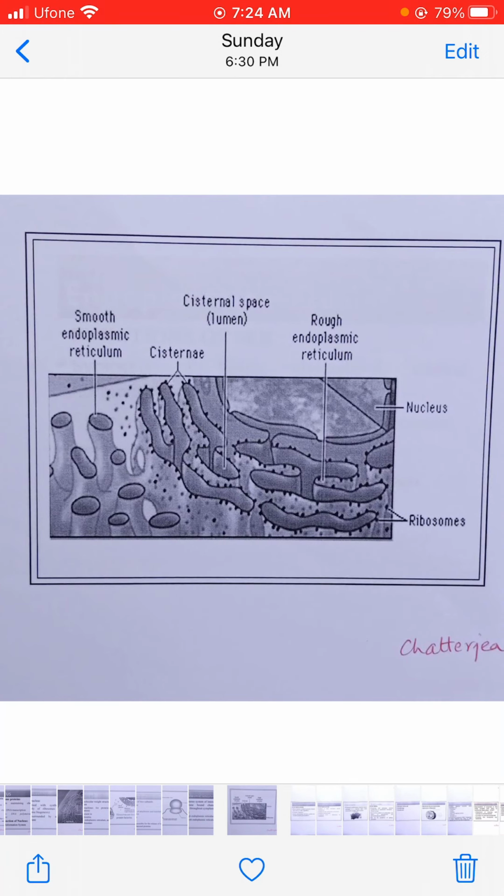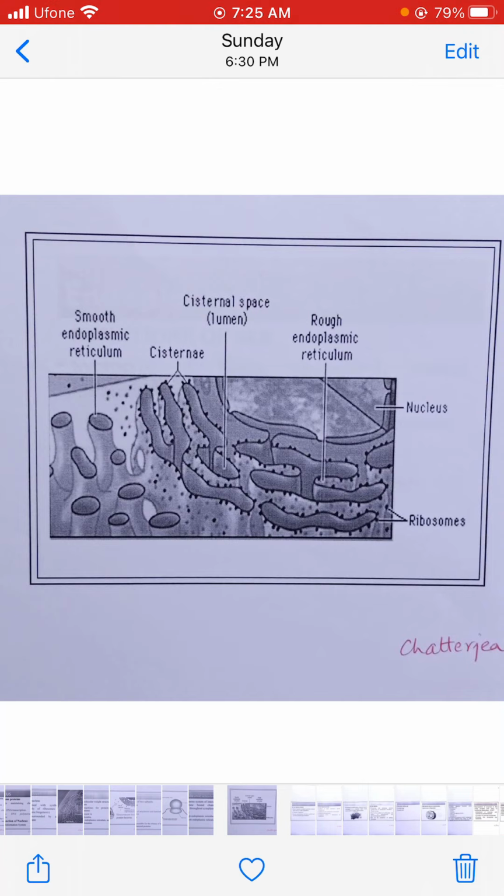The endoplasmic reticulum is seen in this way. Some which are without ribosomes are called smooth endoplasmic reticulum, and some which are attached with the ribosomes are called rough endoplasmic reticulum.